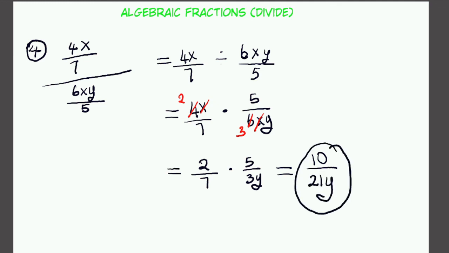And that is our final answer. So 2 over 7 times 5 over 3y, when multiplied, gives 10 over 21y.